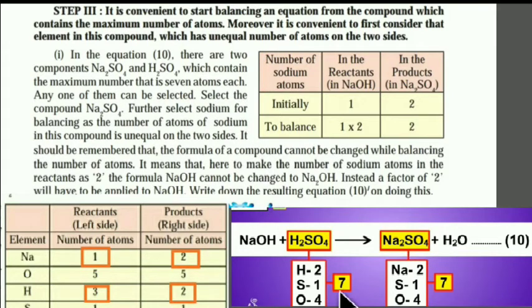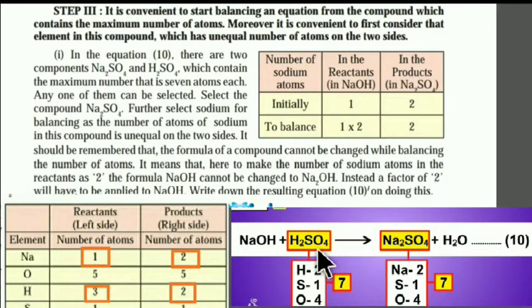Let's see here. H2SO4: hydrogen 2, sulfur 1 and oxygen 4. Hence there are 7 atoms. Then Na2SO4: Na2, sulfur 1 and oxygen 4. Hence there are 7 atoms.